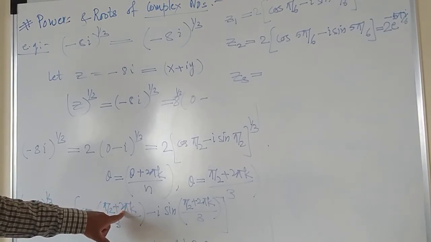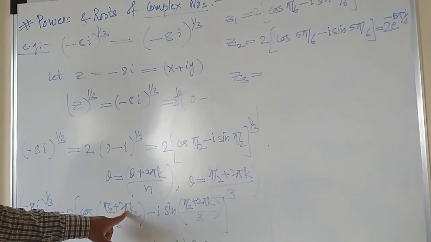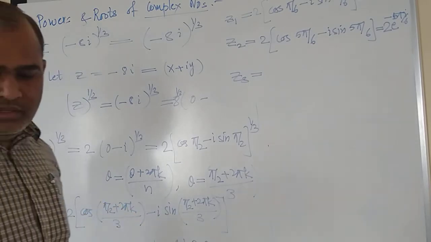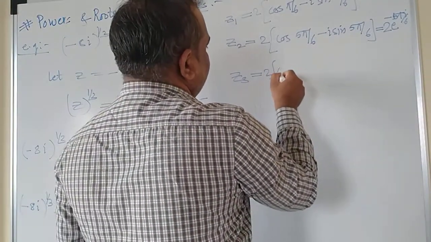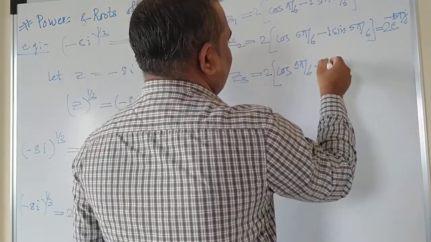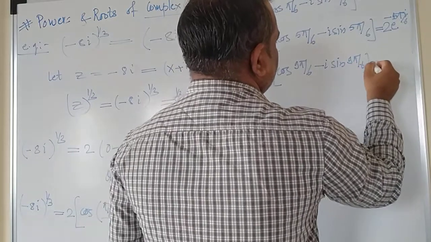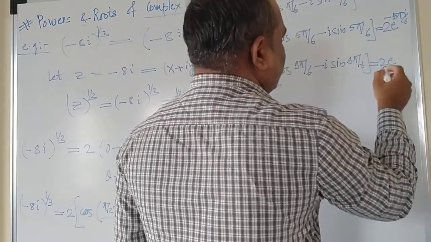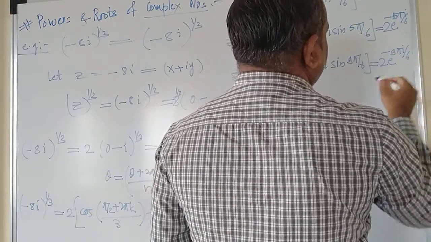So that will become 4 into 2, that is 8. 8 plus pi, that is 9 pi by 6 is the next root, right? So 2 into bracket cos of 9 pi by 6 minus i times sine of 9 pi by 6, and this will be 2 e raised to minus 9 pi i by 6.